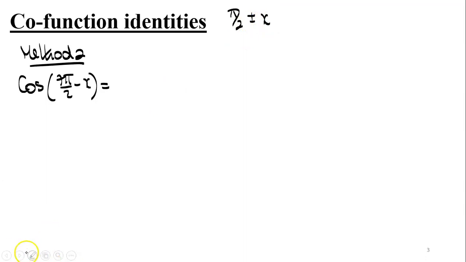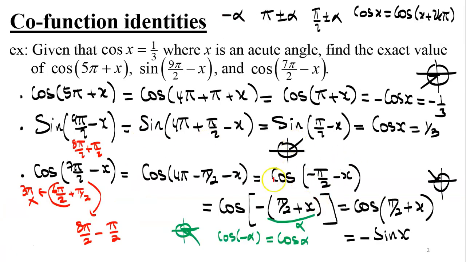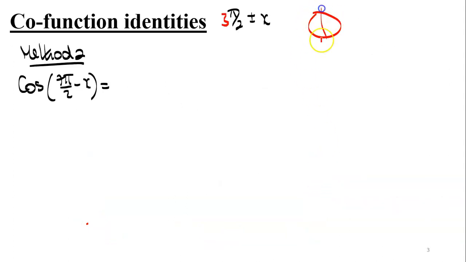However, keep in mind that since 3 pi over 2 is in fact negative pi over 2, over here you'd notice that in the previous slide, we got to a point where we had negative pi over 2, and we do know that negative pi over 2 is the principal measure of 3 pi over 2.